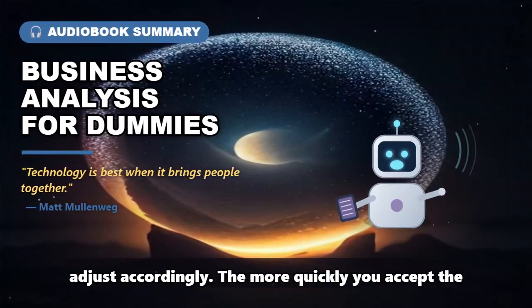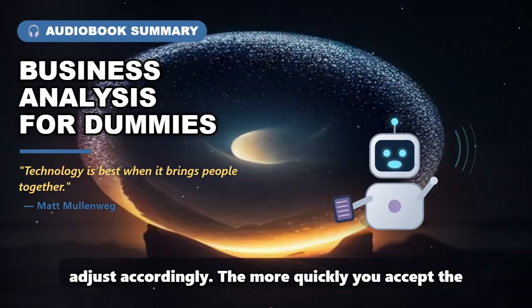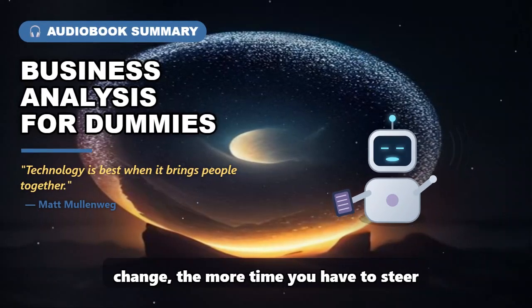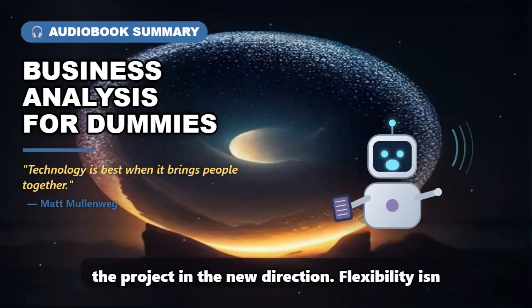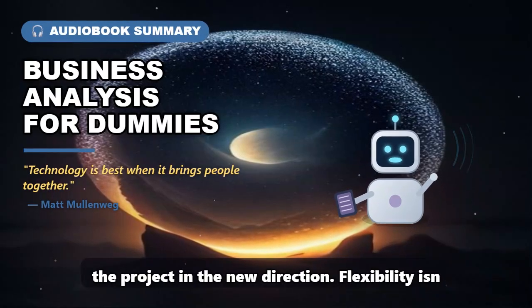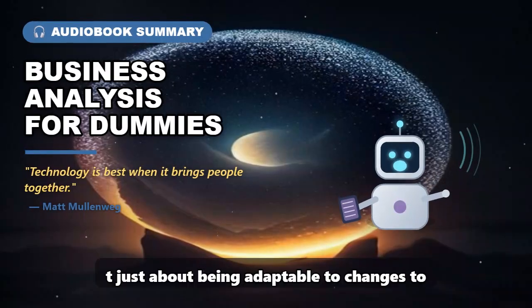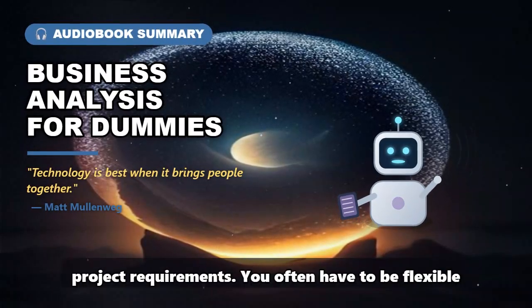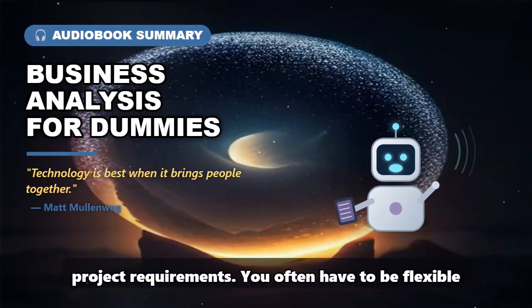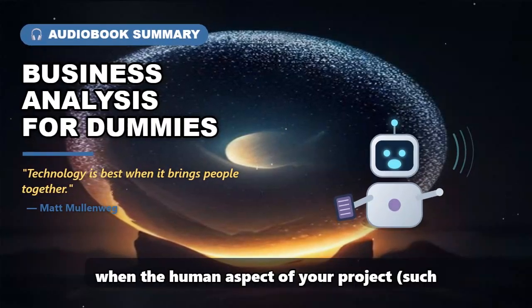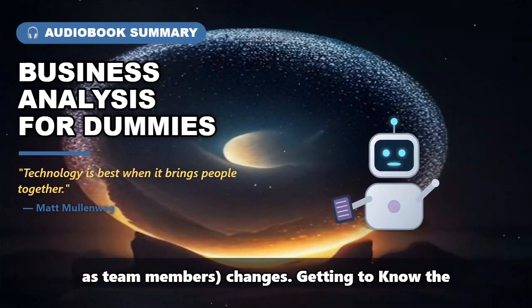The more quickly you accept the change, the more time you have to steer the project in the new direction. Flexibility isn't just about being adaptable to changes to project requirements. You often have to be flexible when the human aspect of your project, such as team members, changes.